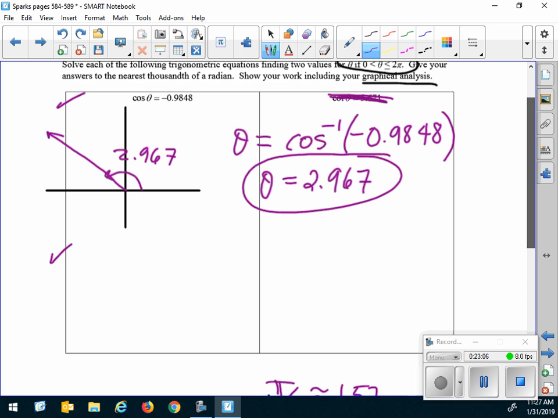How do I find the angle in quadrant 3? Reference angle, yep. And I heard subtract. How are you going to find that reference angle? Pi minus, do pi minus. You getting that?